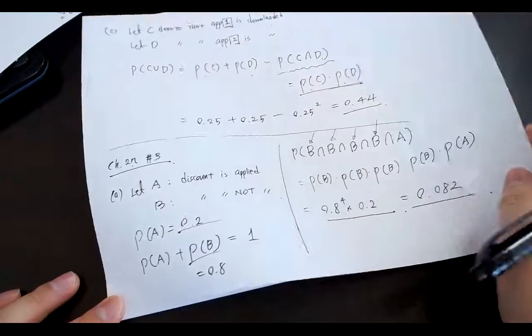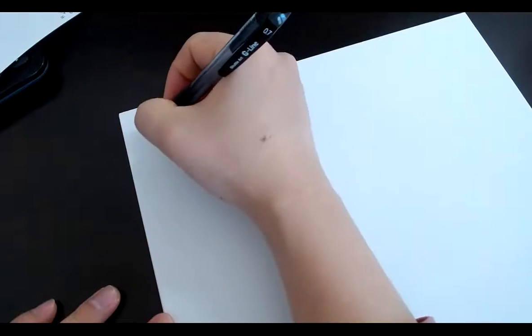Okay, so next one, question B. What is the probability that at least one order in the next 5 receives the discount?